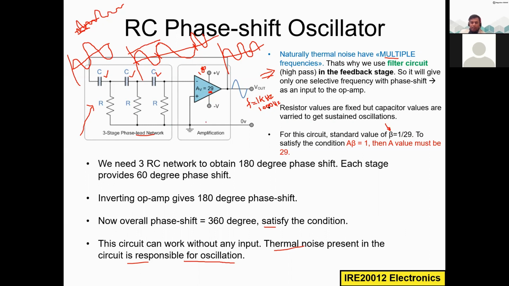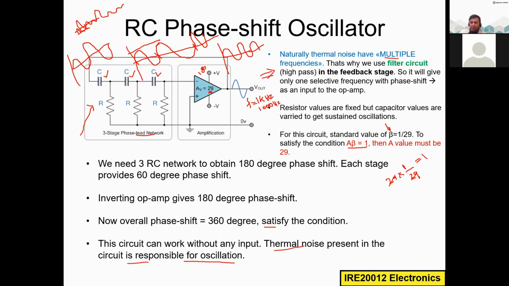It means the gain of this operational amplifier should be 29. Here you know the formula, A beta is equal to 1. So if A is 29, then the beta value must be 1 divided by 29. Then only can we satisfy the Barkhausen criterion. So this 29 cancels, and we get 1.